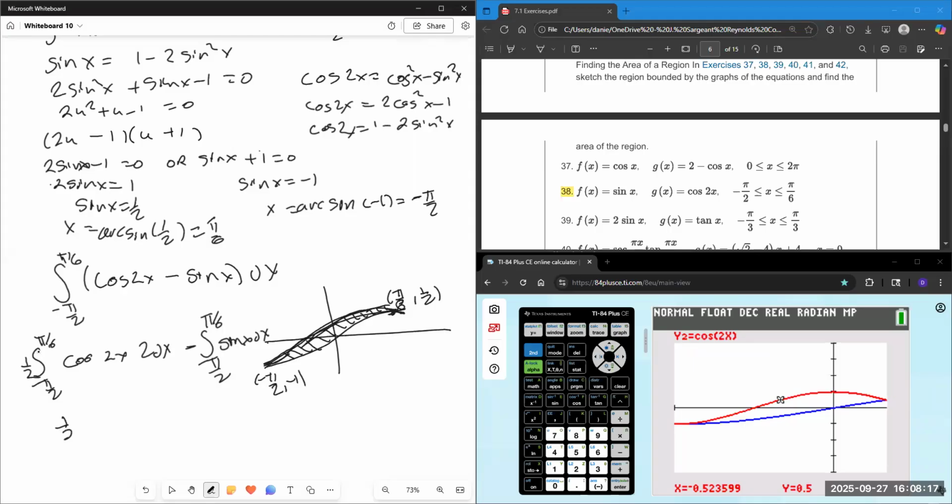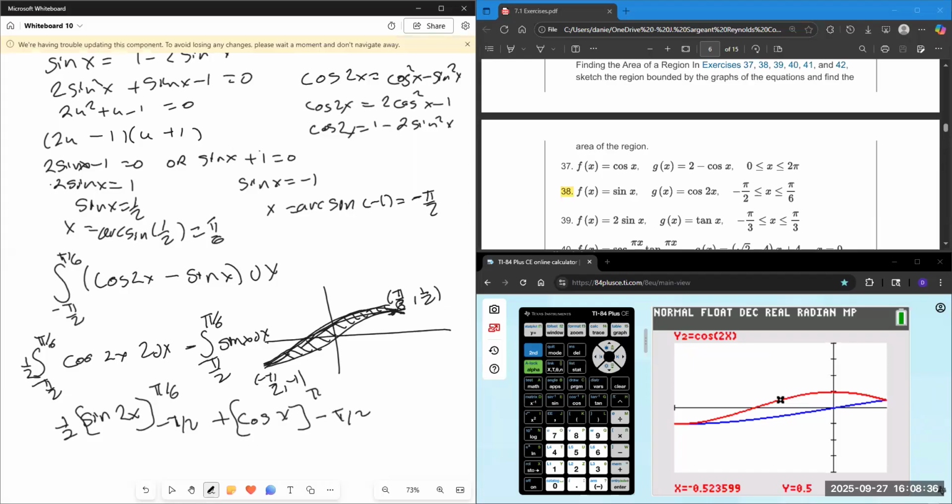So it's going to be 1/2 of sine of 2x evaluated from negative pi over 2 to pi over 6. And this is going to be a negative cosine, so that's plus cosine x, evaluated from negative pi over 2 to pi over 6.